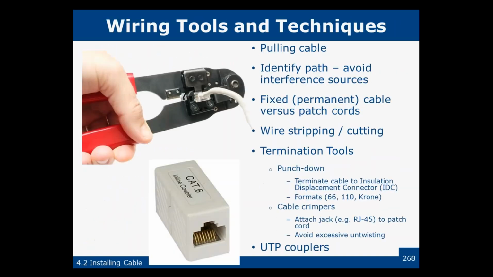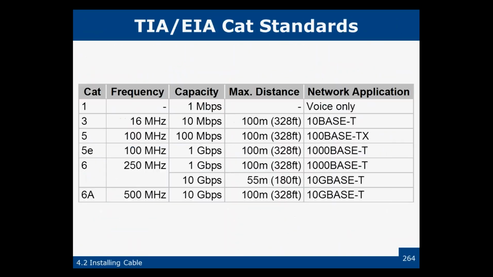We had this table way back at the beginning. Here we go. 5E can be 1 gig. 5E is a better cable. When he talked about that, 6 is a little bit more. To me, the 5E and the 6 were always very difficult. They're stiffer, the wire's bigger. I always thought it was more difficult to work with, but that's just me.